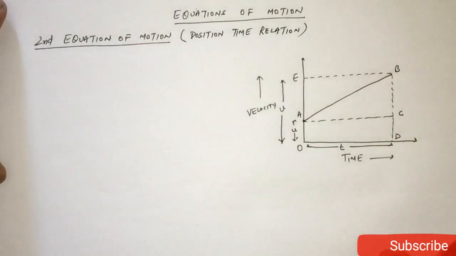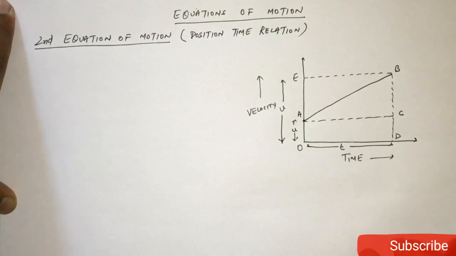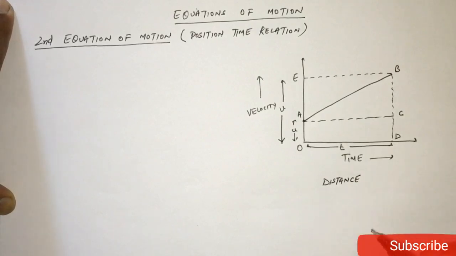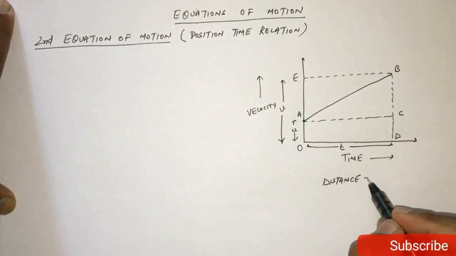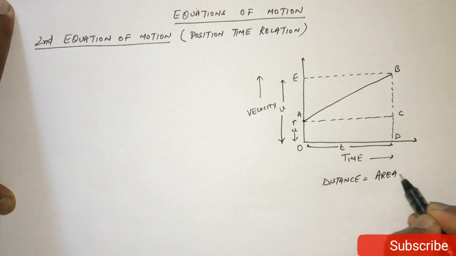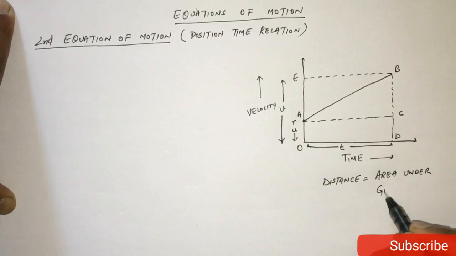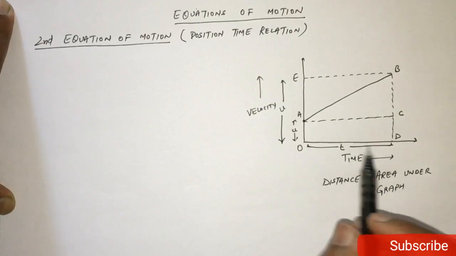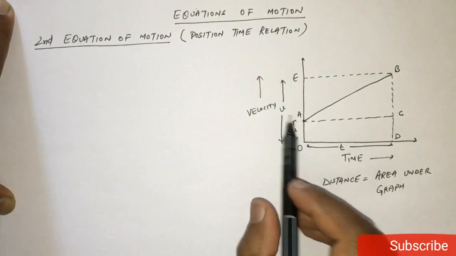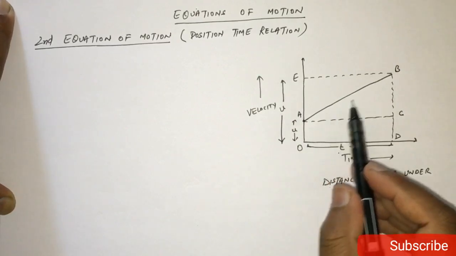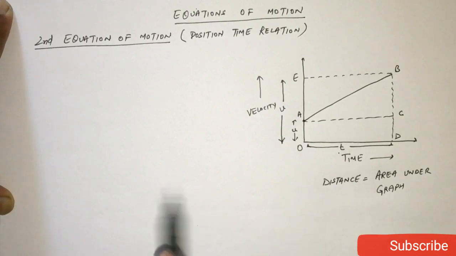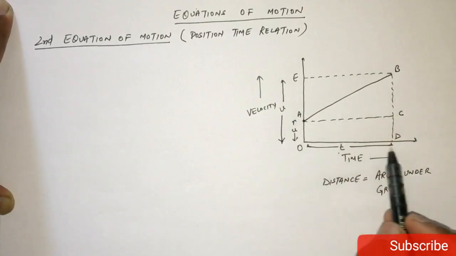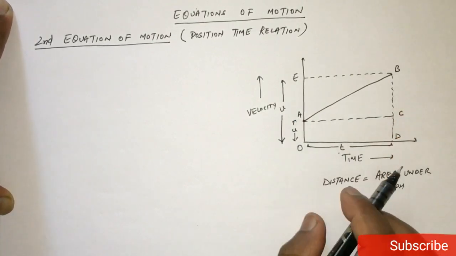Remember one thing, whenever we need to calculate distance or displacement in a velocity time graph, we need to calculate the area under the graph, because distance equals speed into time. So again we have the velocity time graph, initial velocity is u, final is v, t is time, and AB is the slope, which is acceleration.